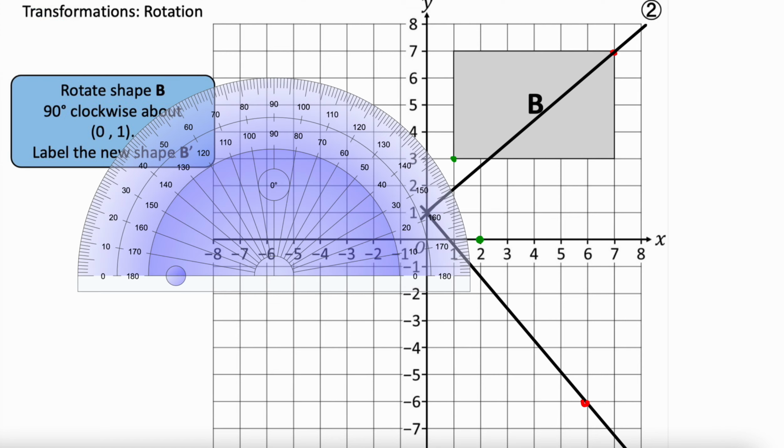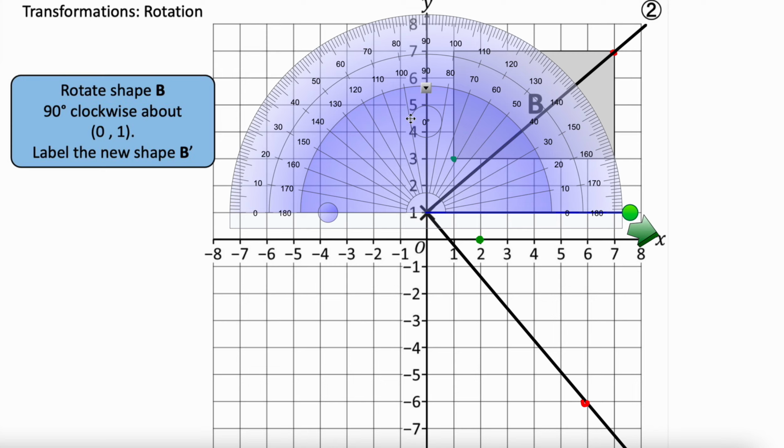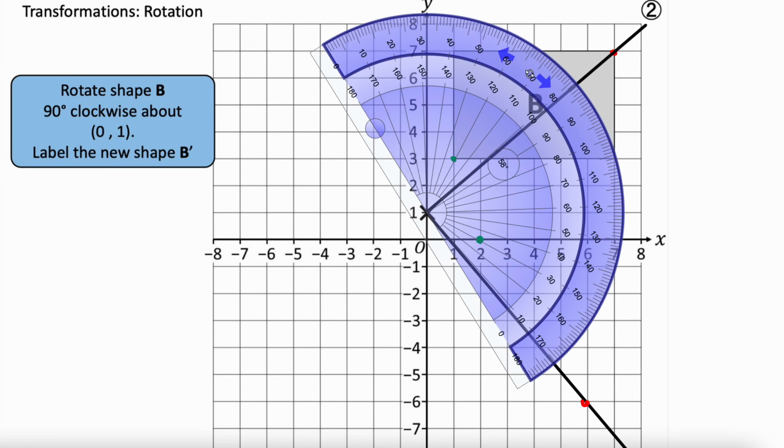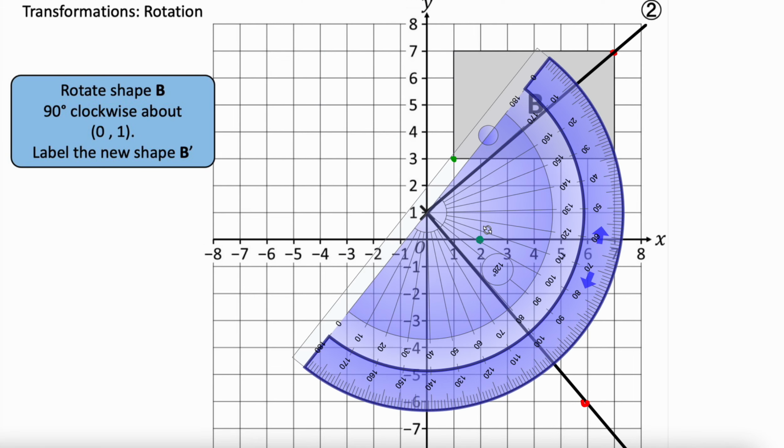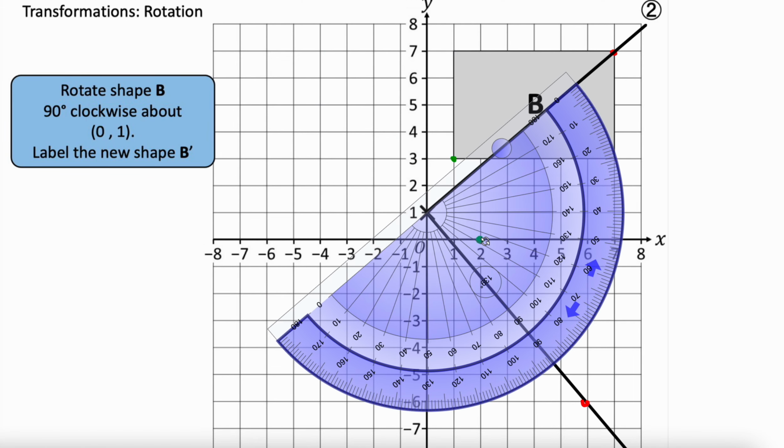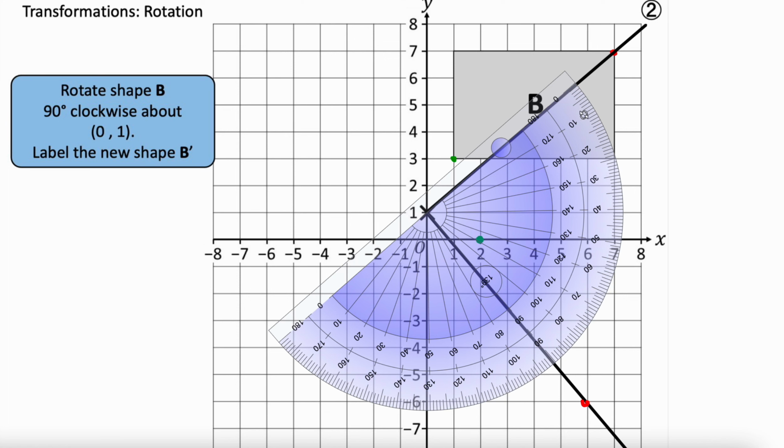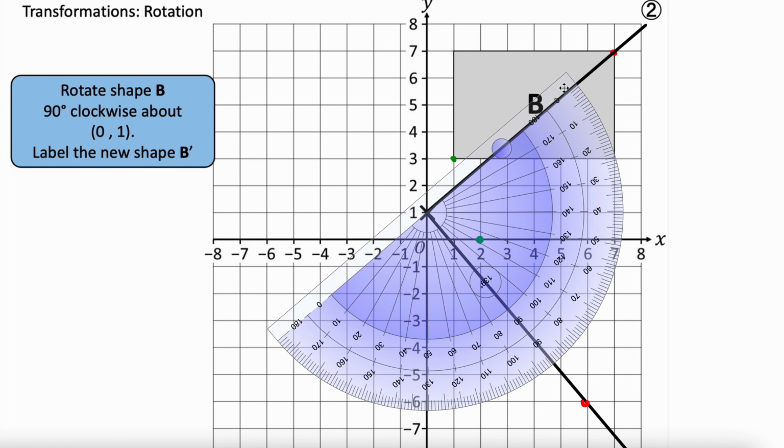If we want to be very, very sure, we can check using our protractor just now. We will have exactly the same length.